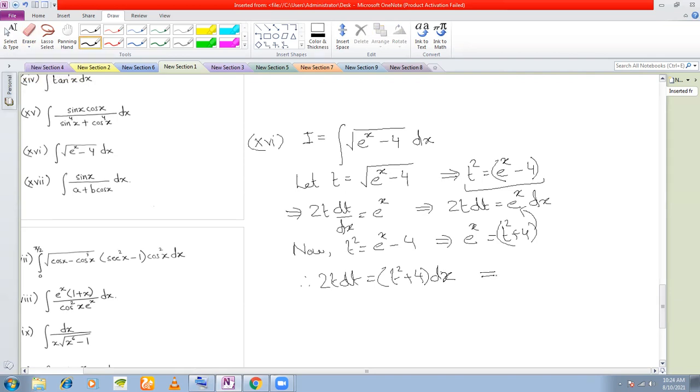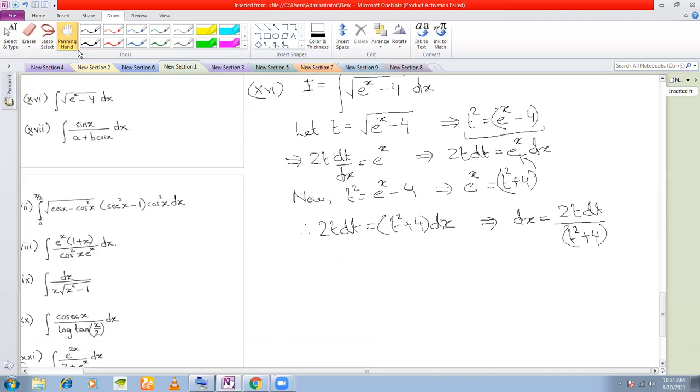So therefore, what is dx here? Dx here is 2t dt divided by t square plus 4. Put this value in the integral. So therefore, I is equal to integral t, and dx is 2t divided by t square plus 4 dt.